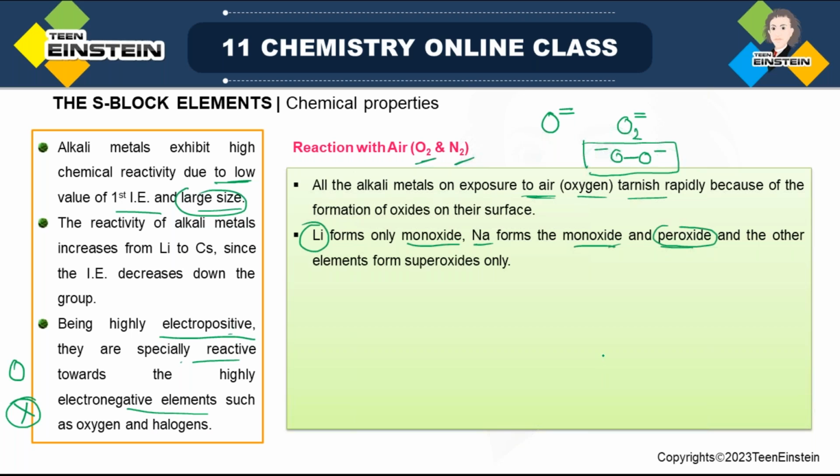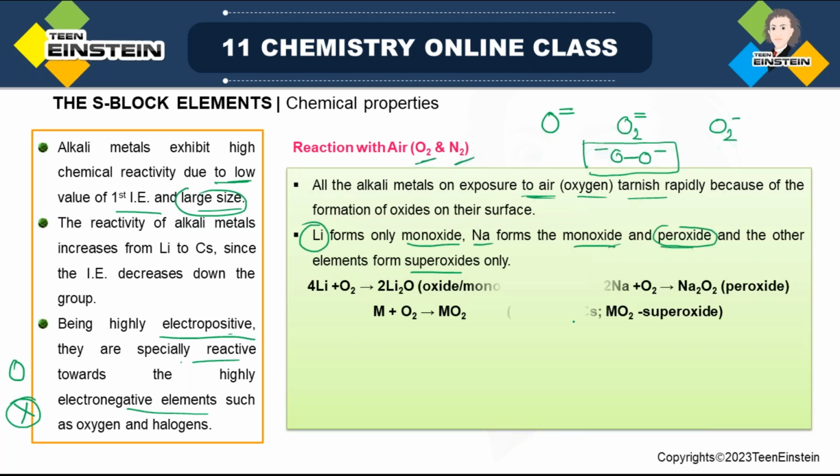And after sodium, the rest of the elements, that is potassium, rubidium, form superoxide. Superoxide is again O2, but now there is a single negative charge. So try to understand the difference between these three types of oxides, because depending on which element you have chosen from group 1, different types of oxides will be produced when they react with oxygen.